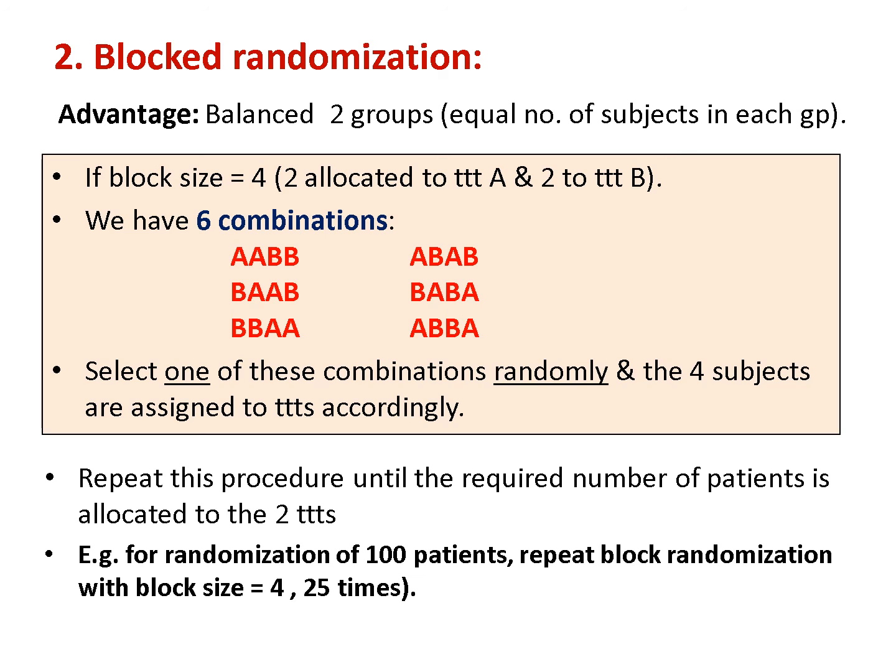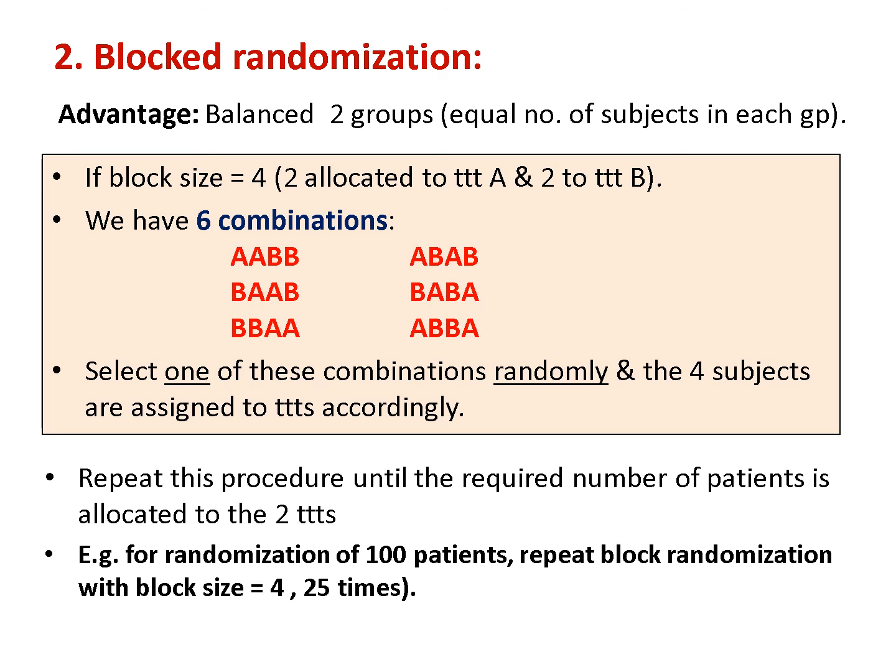If the block size is 4, so 2 are allocated to treatment A and 2 to treatment B. We have 6 combinations: AABB, BAAB, BBAA, ABAB, BABA, and ABBA. So we select only one from these combinations randomly.